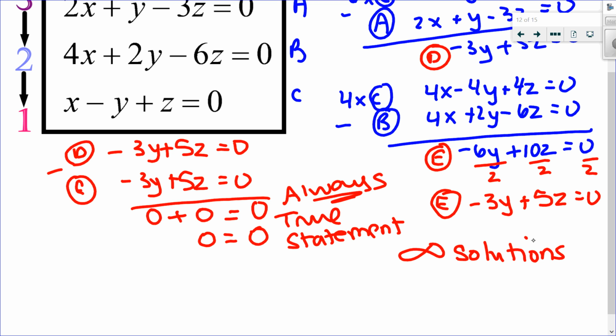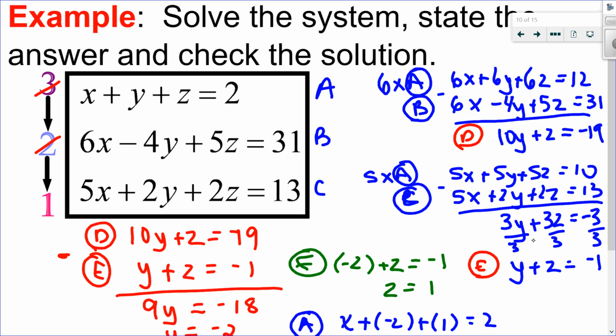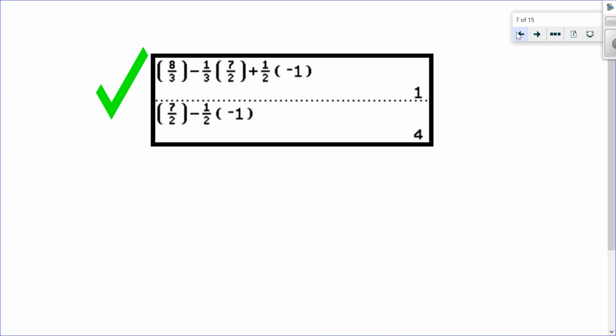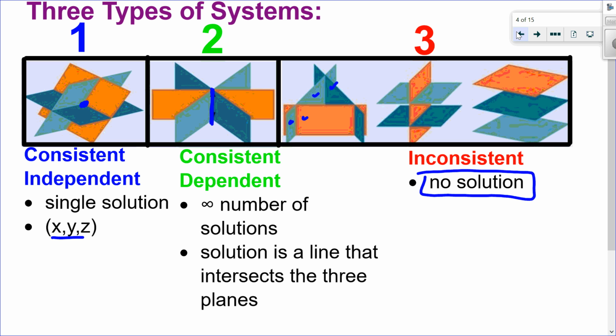Let me take you back to the systems that I was explaining and show you why it would be infinite solutions. When we end up with a true statement, it is this one right here. It's consistent and it's dependent. That would tell you it is a line of intersection, an intersection that is a line, which means there are an infinite number of solutions, all dependent on the values of x.